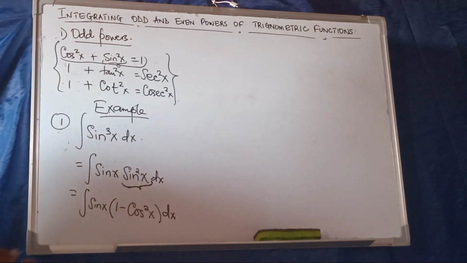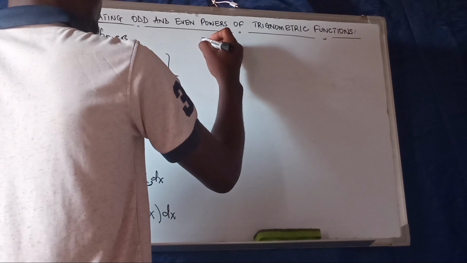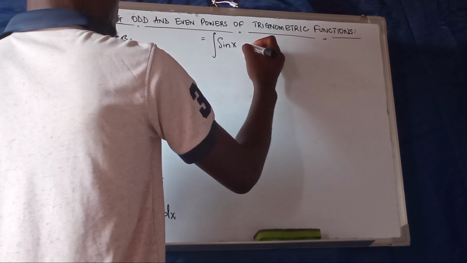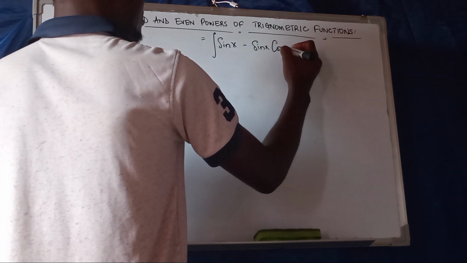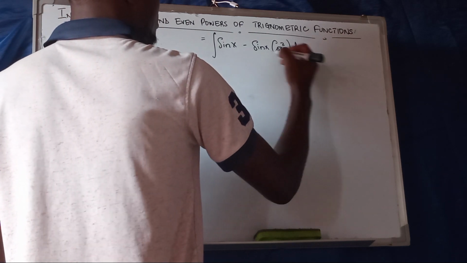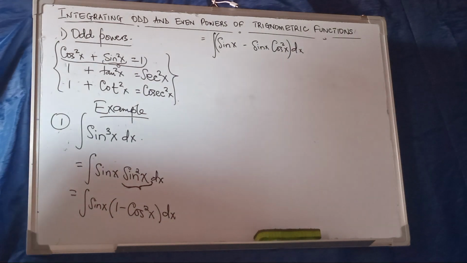Then from here, you simply expand your brackets. After expanding your brackets, you shall have something like sine x minus sine x cos squared x, the x, like that.